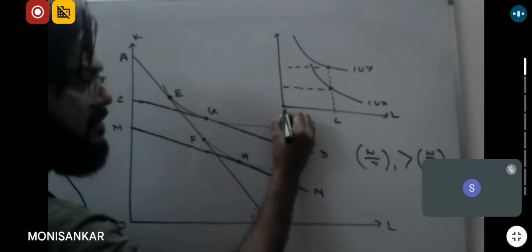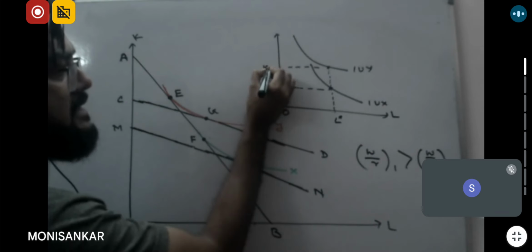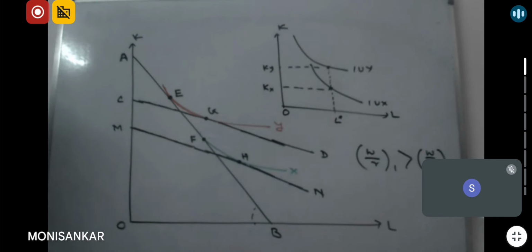Suppose you take the same labor, L star. But look, this is KX and this is KY. So the K by L ratio is greater for Y or for X? For Y. So K by L greater means Y is capital intensive, X is labor intensive.